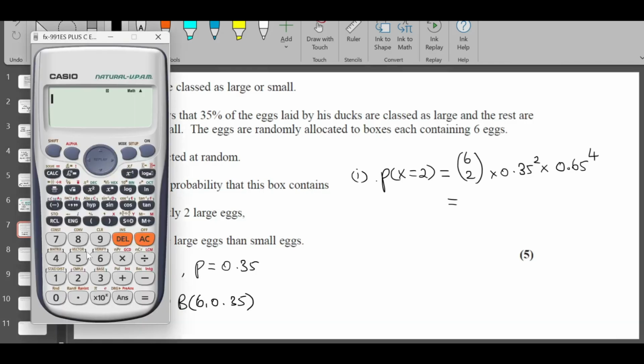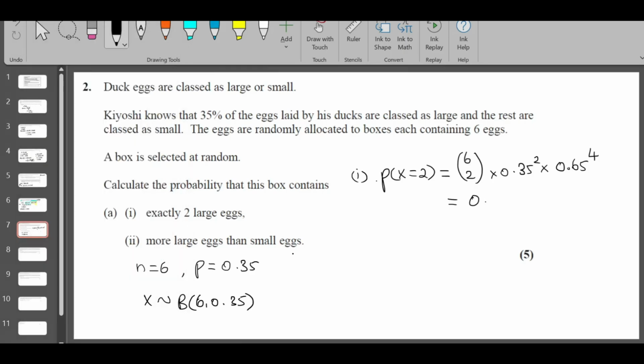So let's calculate this. 6C2 is 15 times 0.35 squared times 0.65 to the power 4, which is 0.328.